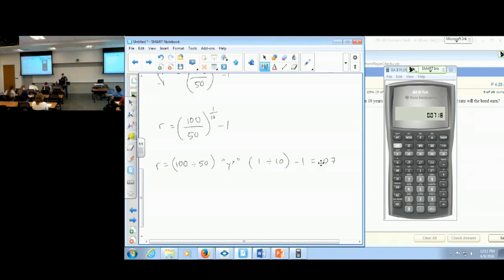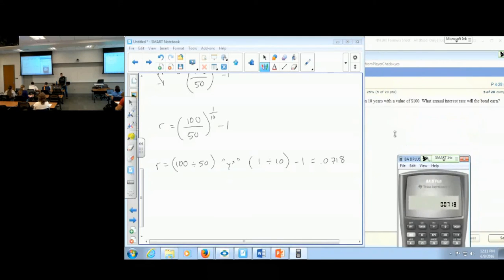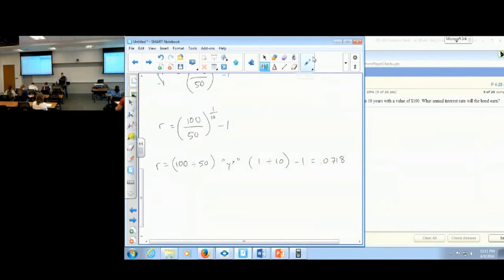So 0.0718. Sure, it wants that as a percentage. It does. Or 7.18%.